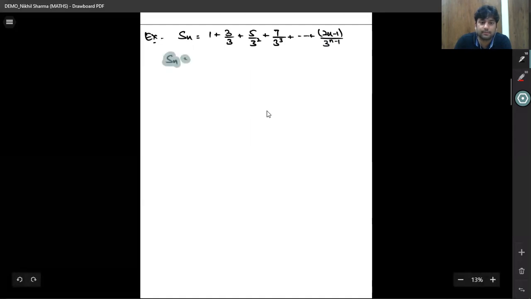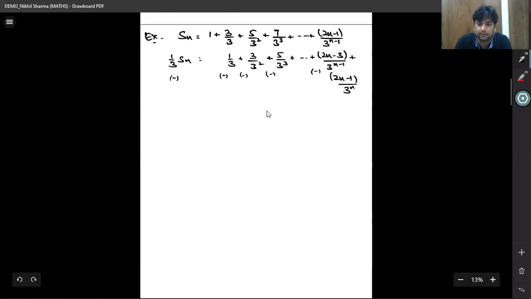Now writing again this Sn and multiplying this by 1 by 3. So this would be 1 by 3 plus 3 by 3 square plus 5 by 3 cube, and 2n minus 3 upon 3 raised to n minus 1 plus 2n minus 1 upon 3 raised to n. Subtract with a minus sign.